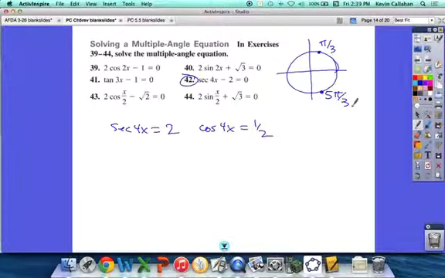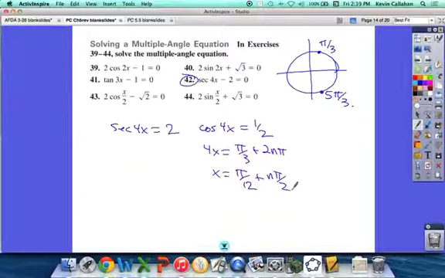Okay, so I would say 4x equals pi over 3, and then I've got to put something on the end of that. Plus 2n pi, because the period of cosine is 2 pi. Okay, and then divide by 4, right? X equals pi over 12 plus n pi over 2. That's 2 divided by 4.